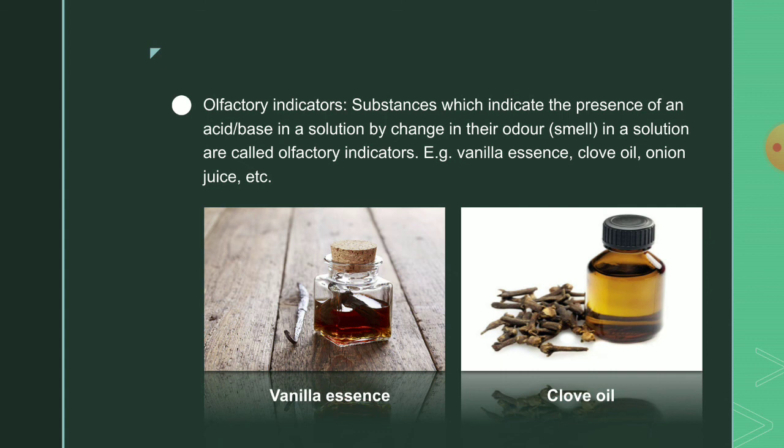Examples of olfactory indicators are vanilla essence, olive oil, clove oil, onion juice, etc. Here in the picture, vanilla essence and olive oil are shown. These are the olfactory indicators. So not only color, sometimes a particular smell also helps us tell whether a substance is an acid or base.